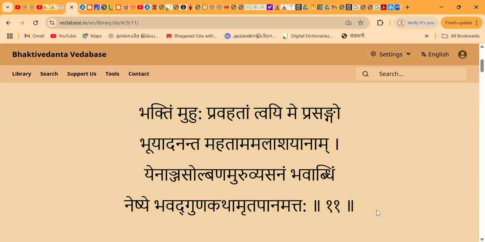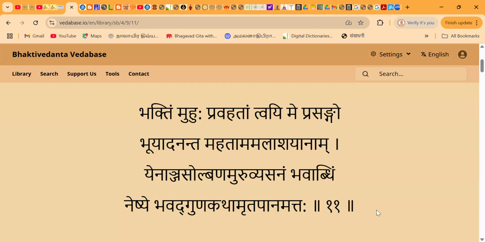So it has to be pronounced as half only: muhu. Bhaktim muhu pravahatam. But if I am saying individual words step by step, I would say bhaktim muhuhu with full visarga.